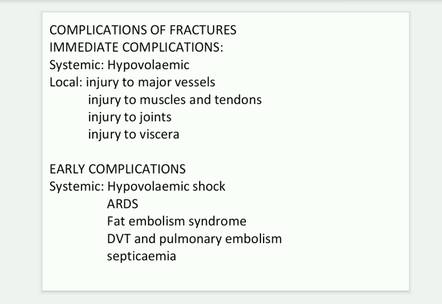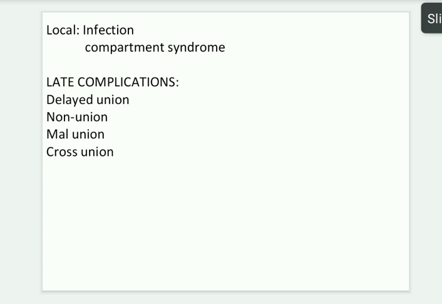Your early complications systemically are hypovolemic shock, acute respiratory distress syndrome, fat embolism syndrome, DVT and pulmonary embolism, and septicemia. Locally it is infections and compartment syndrome, and late complications like delayed union, non-union, malunion and cross-union.